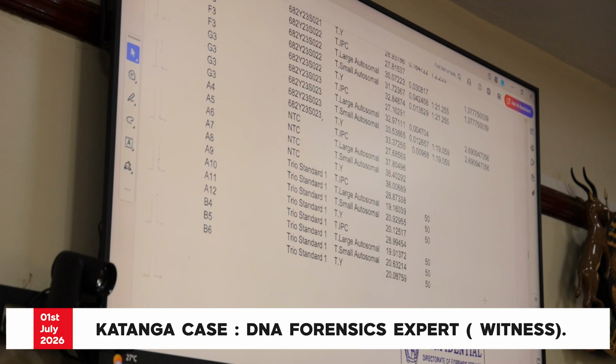So, this page here, which is showing, what page number is that? That in the page of the EPG document is page 56 of 119. It's page 56. And what stage is this? This is the printout from the quantification, so the stage where the amount of DNA is measured.